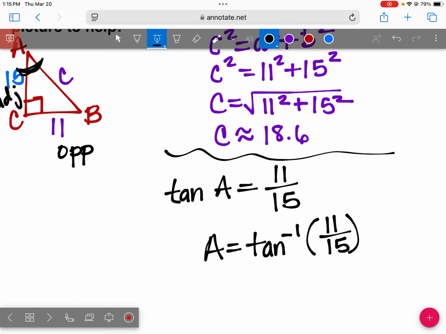When you look at your calculator, above tangent should be an inverse tangent in green. So you have to hit the green key first and then hit tangent in order to get an inverse.